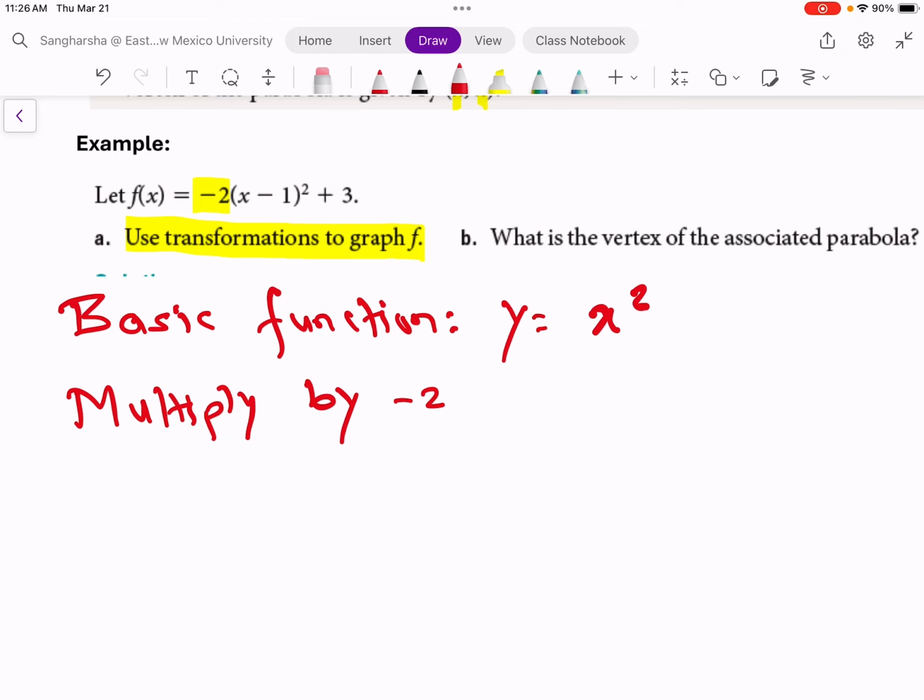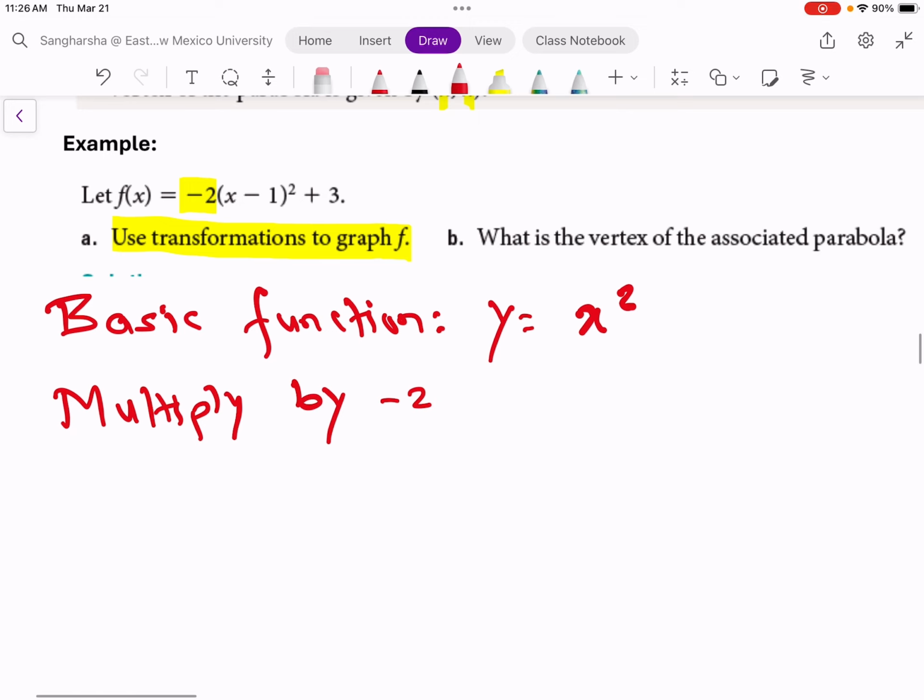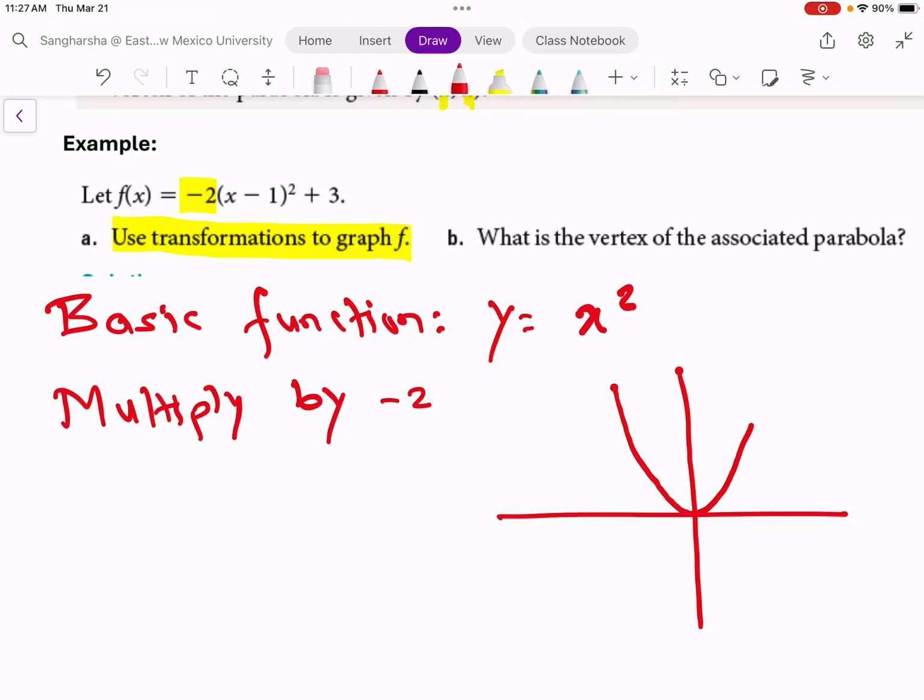And what happens to the graph when we multiply by negative 2? Let's draw the graph for the basic function. So this is our basic function. Now when you multiply your function by a negative number, what happens? There is a reflection across the x-axis.